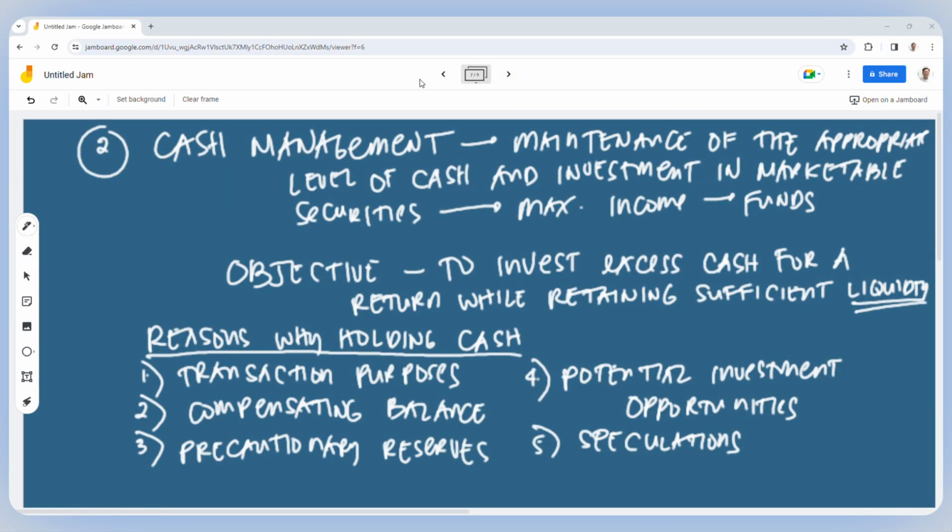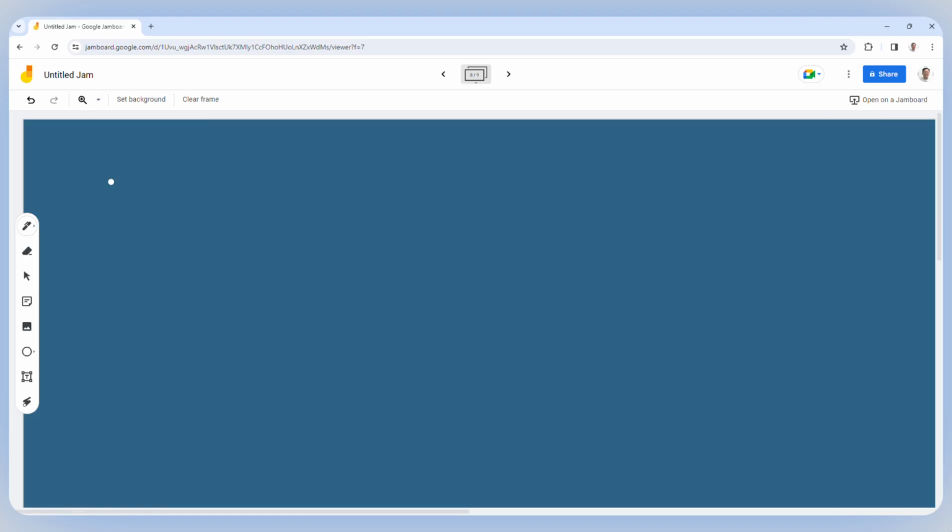Okay. Also, class, pag sinabi natin cash management, no? Hindi mawawala dyan, class. Okay? Pag sinabing cash management, hindi mawawala dyan yung tinatawag nating float. Okay? What do you mean of float?